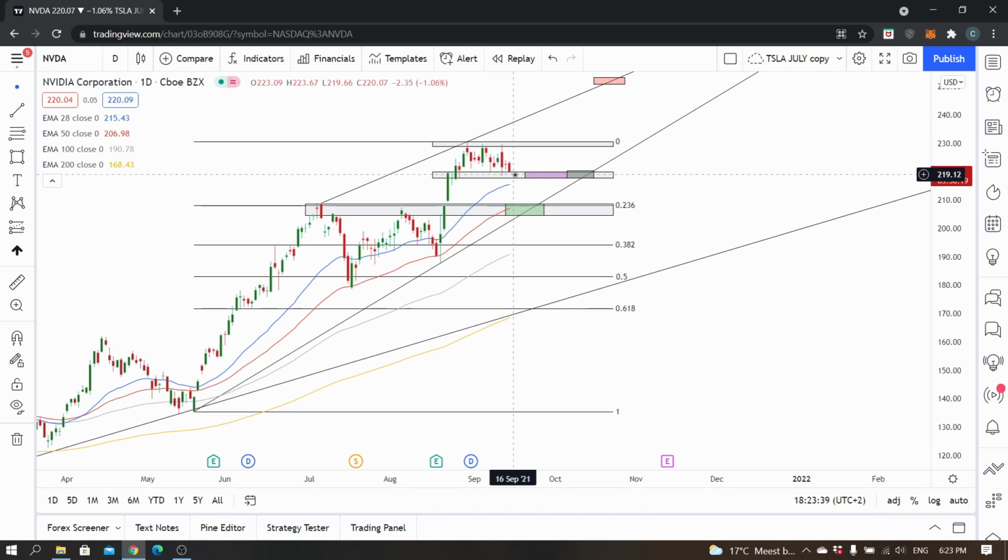And the second scenario is that if it doesn't break this key level, I don't think the purple box would be a good buy area. So don't buy at the purple box if the price hasn't broken this key level.